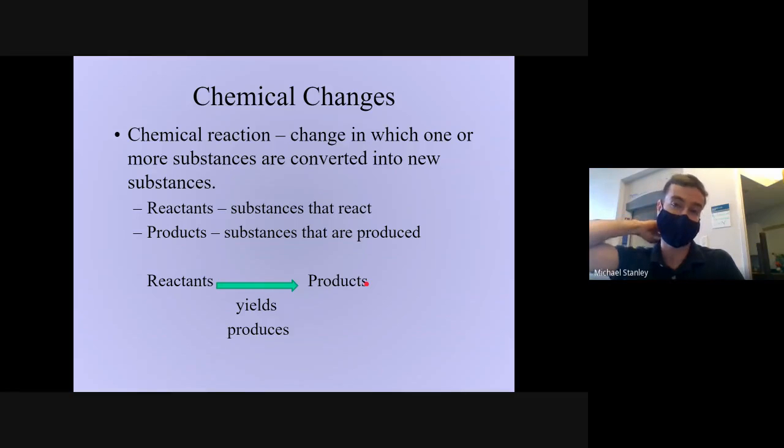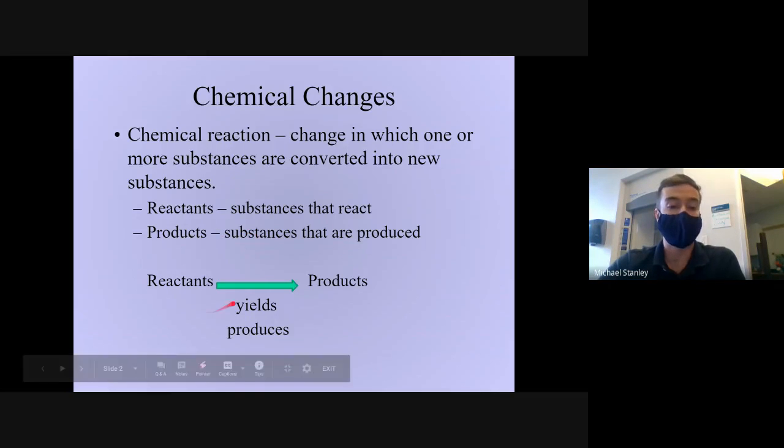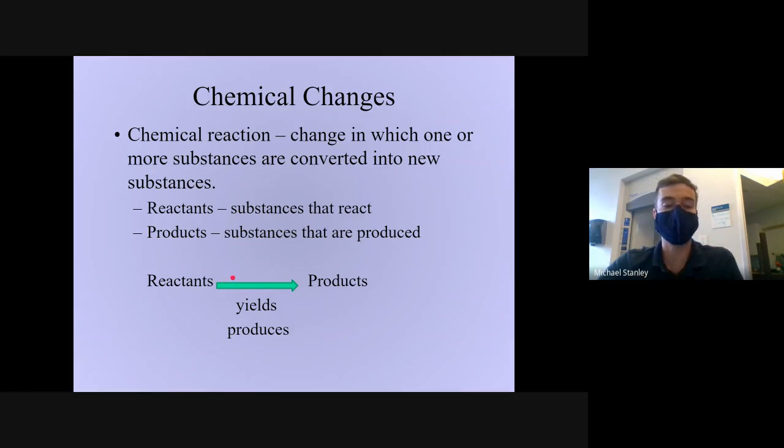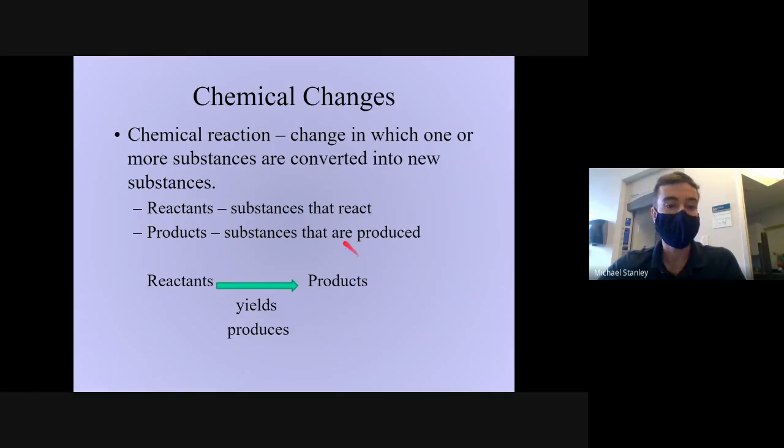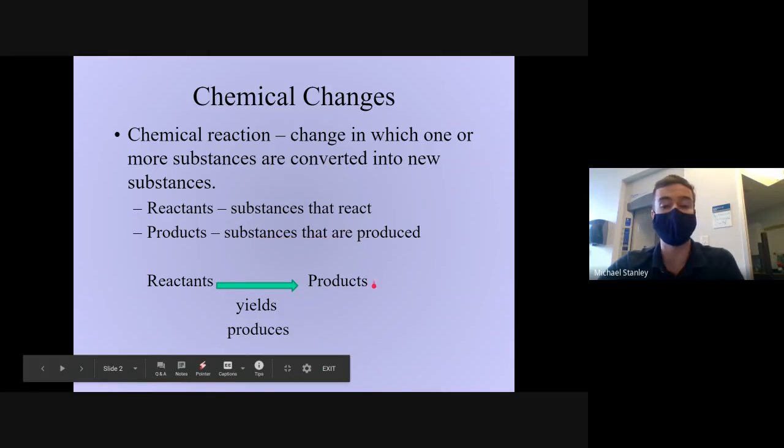The products are the substances that are produced, the ending material of our chemical reaction. So we start off with the reactants on one side of the equation, and then we have this big arrow here, which is sort of similar to an equal sign in a math equation. Then the products are on the other side of the equation. They are our final results.